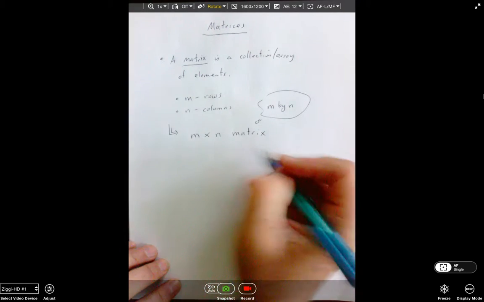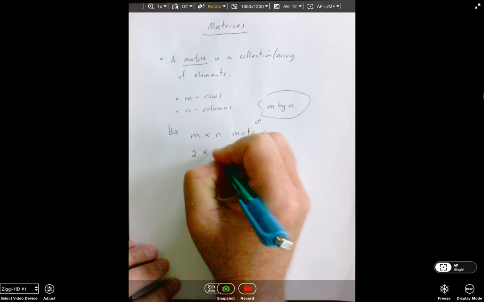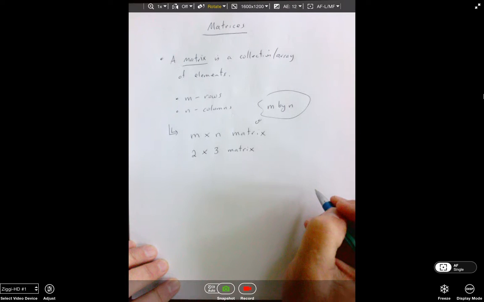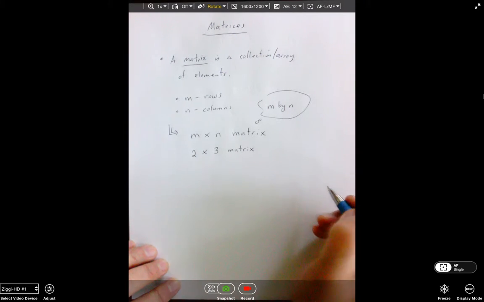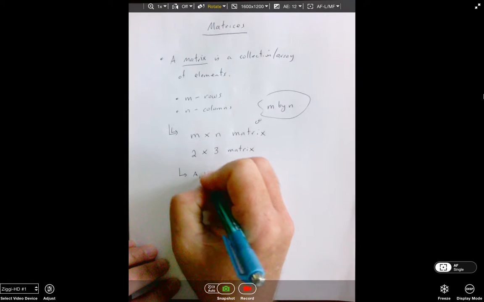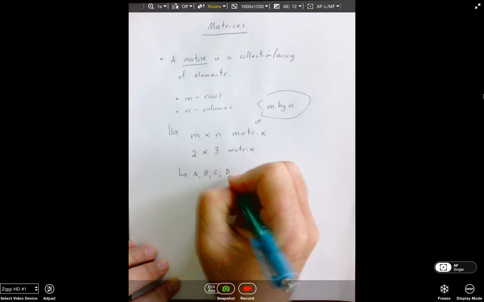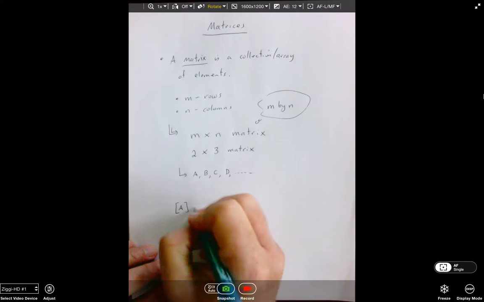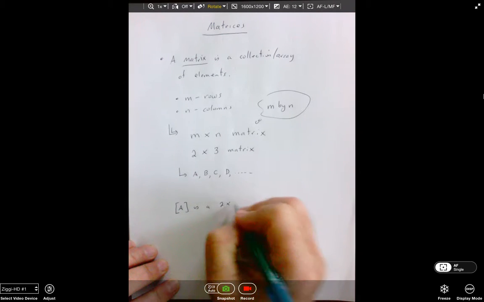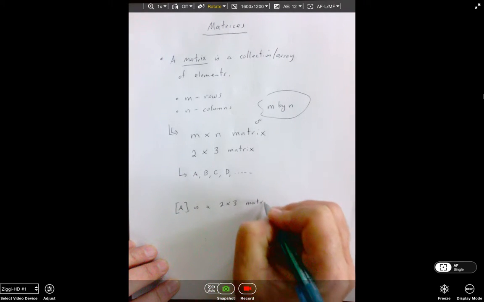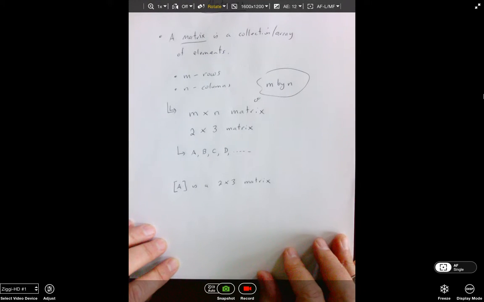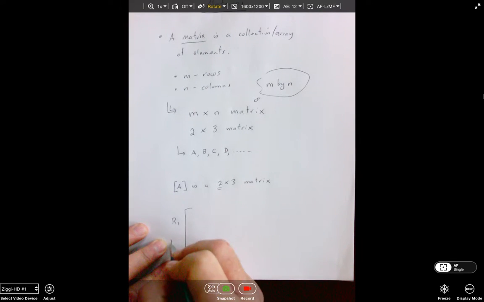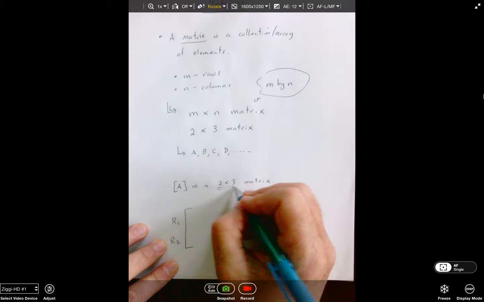So if we have a 2 by 3 matrix, and matrices are usually named with capital letters, so we may say that the matrix A is a 2 by 3 matrix. All this is telling us is we have 2 rows and we have 3 columns.